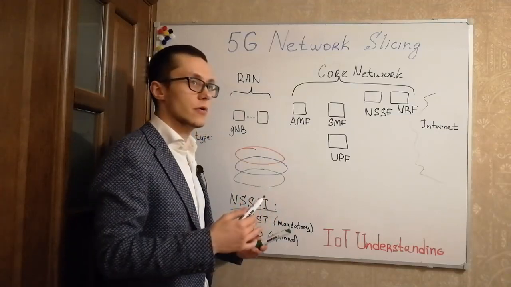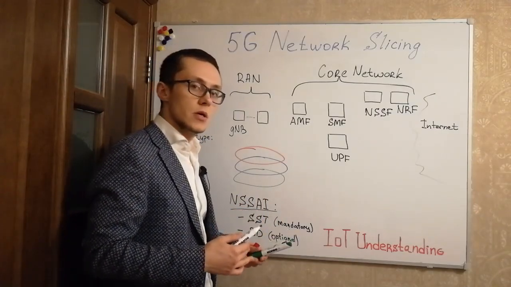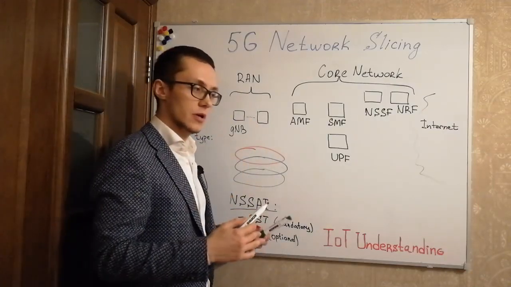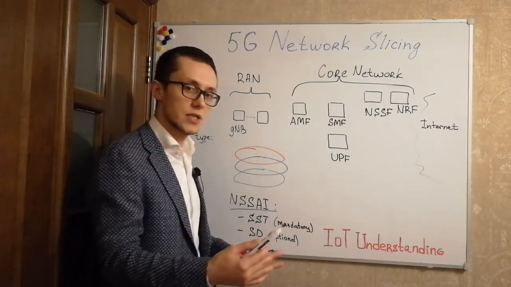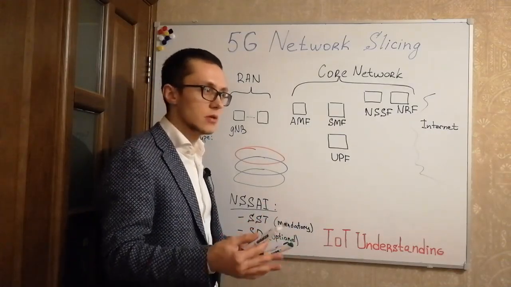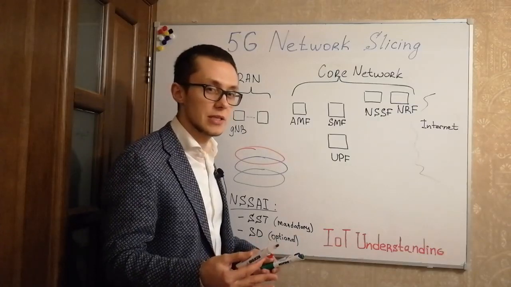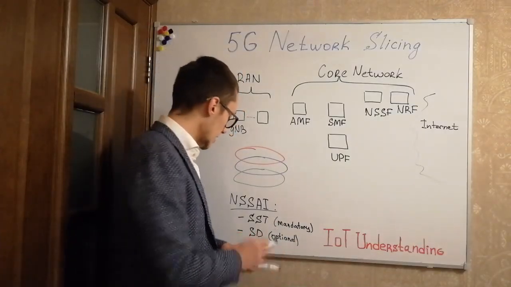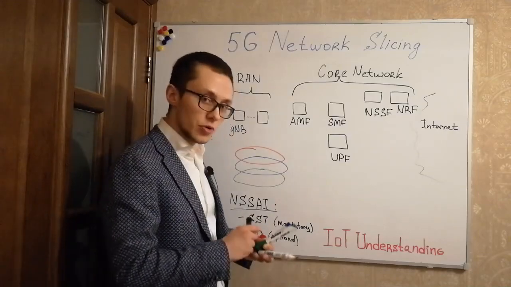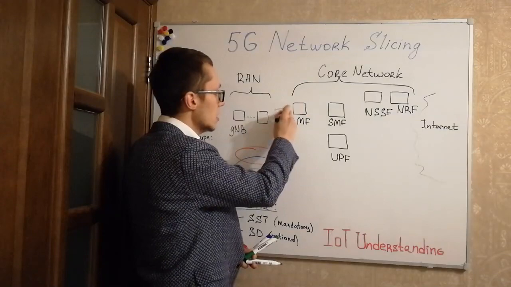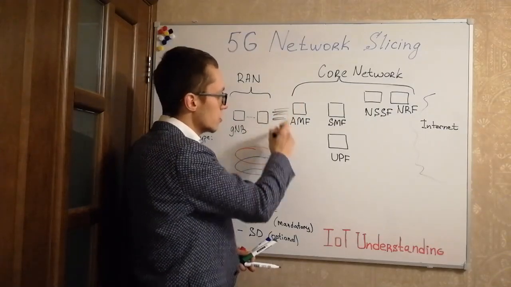We can configure a slice as a geographical area. We can have a cell-specific slice or even a user-specific slice, but I guess that's theoretical for now. We can have slicing even for the transport network between RAN and core network.